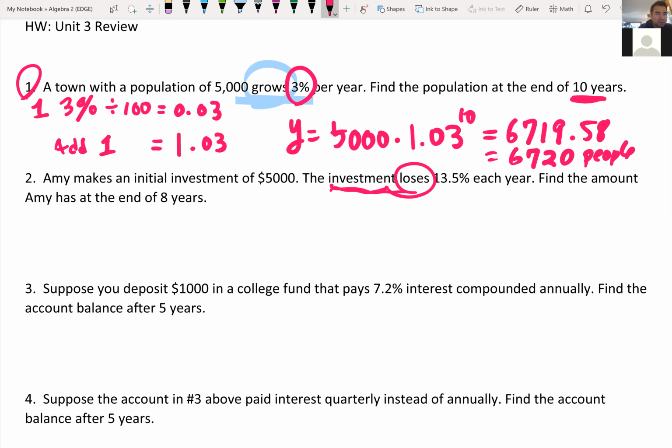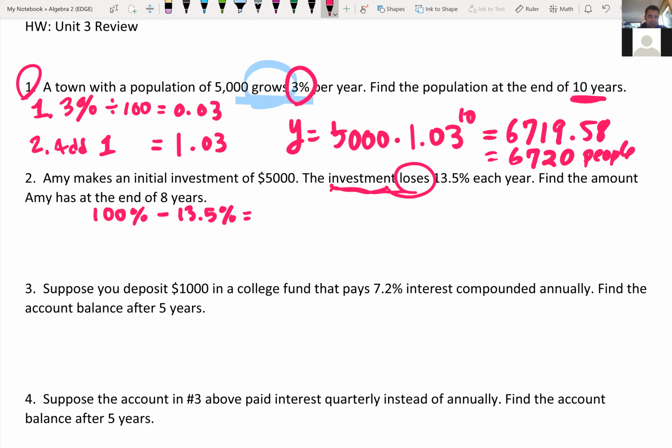Step 1, you divide by 100. Step 2, you add 1, right? That's the step. But if it's losing, the first step is you're going to subtract 13.5% from 100%. And you will get, what do we get? 82, no, 80, 86.5?